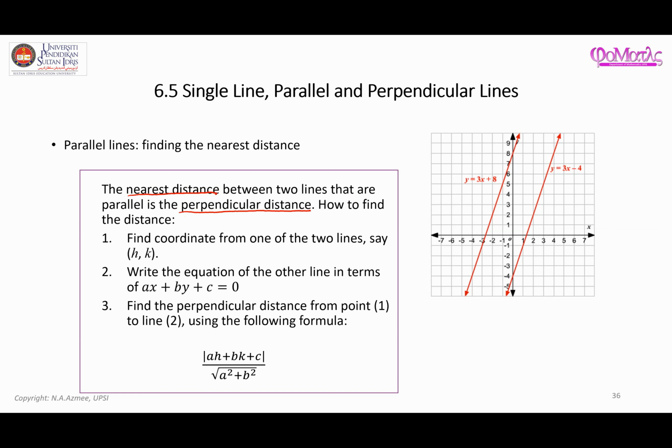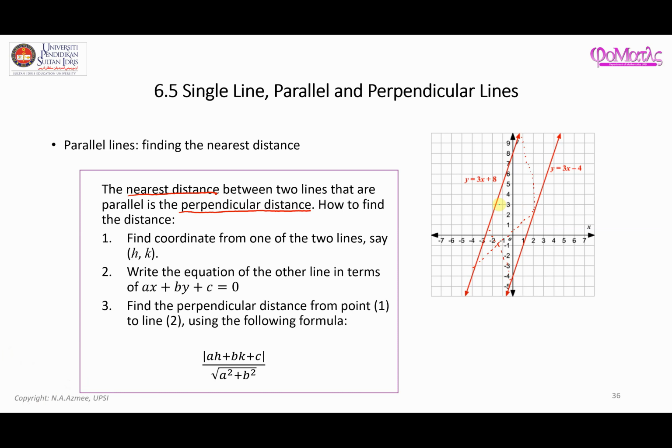What it means is that if you want to find the distance between these two lines, the nearest distance is not this one, or this one. Those are not the nearest distance. The nearest distance is the one given by perpendicular lines.